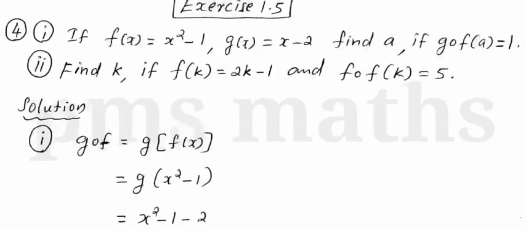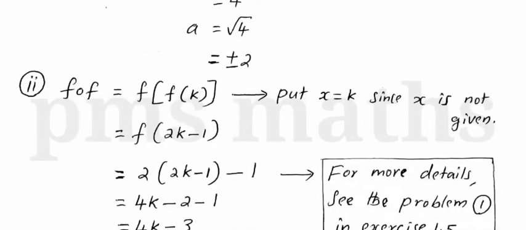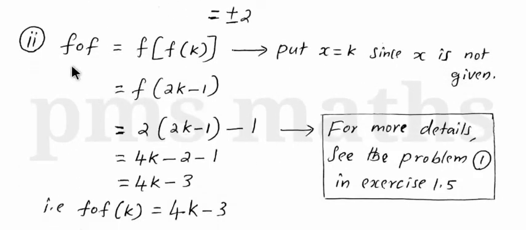Then second one. In second one, two equations are given. This is first one. This is second one. First find f of f. In second one, first find f of f is equal to, this f is f. Here 'of' means bracket. Bracket can be put instead of this 'of'. Then write this f.